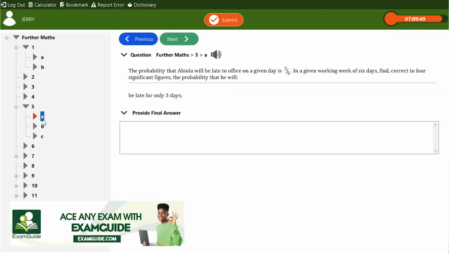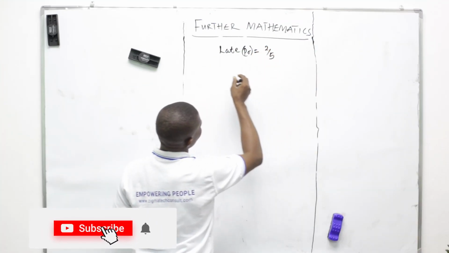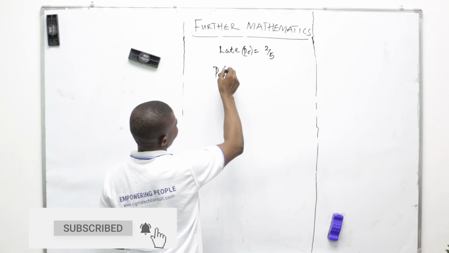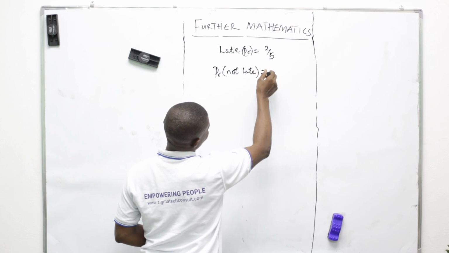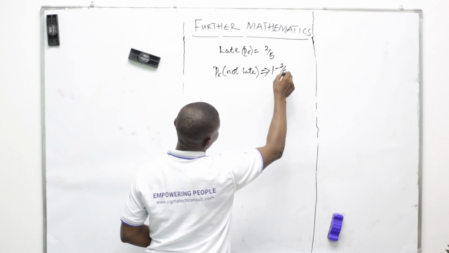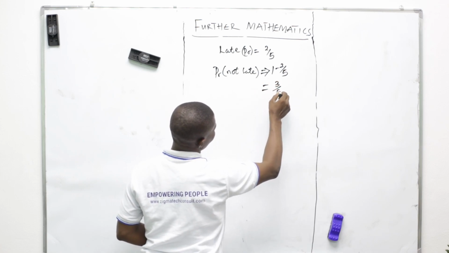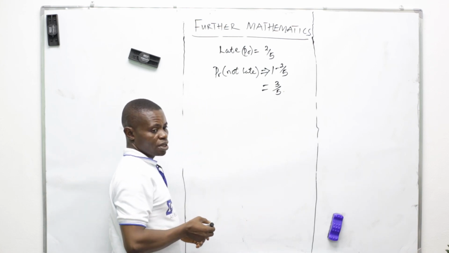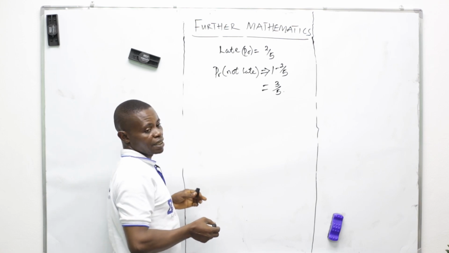That is, for late, PR of late equals 2/5. So PR not late implies 1 minus 2/5, which is 3/5. Now the question is, find the probability that he will be late for only 3 days.